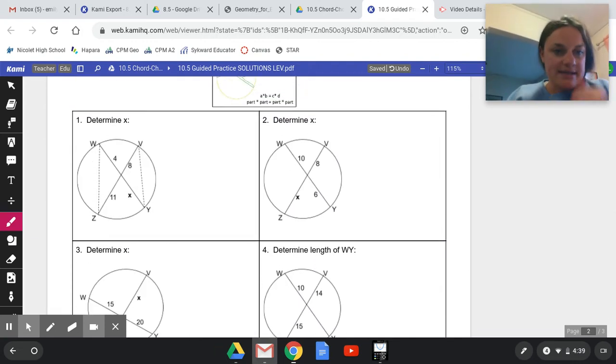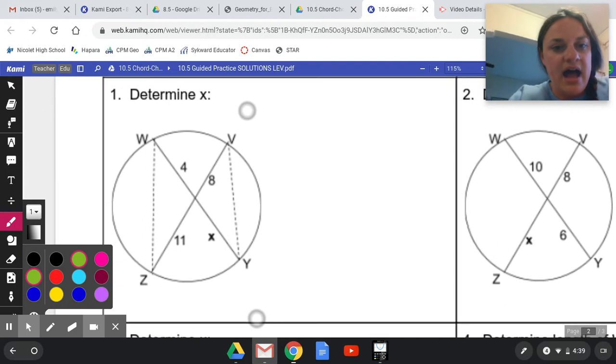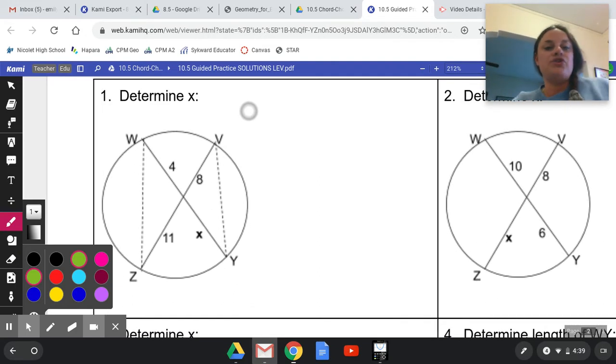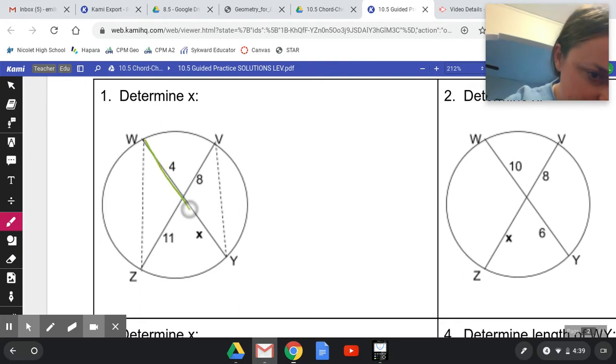Okay, so as I'm looking at example 1, I've got two different chords here that are labeled with side lengths. So I am going to multiply down one side length. So I've got 4 times x.